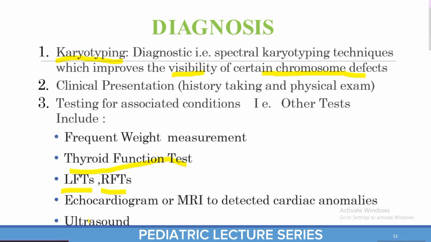You can also do an echo and MRI to detect the different abnormalities in the heart valves. Then you can also do an ultrasound scan over the abdomen to look at the kidneys.